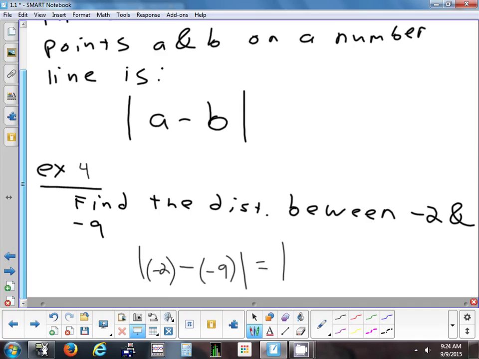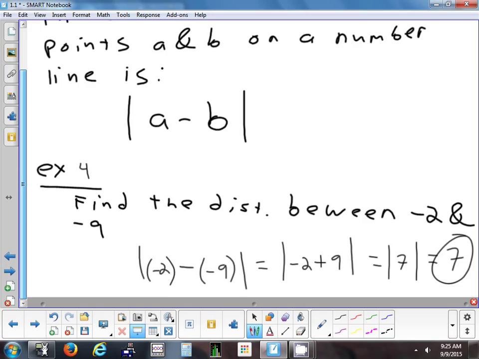Okay, just be careful with your arithmetic here. What's going to happen when we do negative 2 minus negative 9? It's going to turn to plus. Okay, and Upi, what's negative 2 plus 9? 7. And the absolute value of 7 is 7. So that's the distance on a number line between those 2 points.